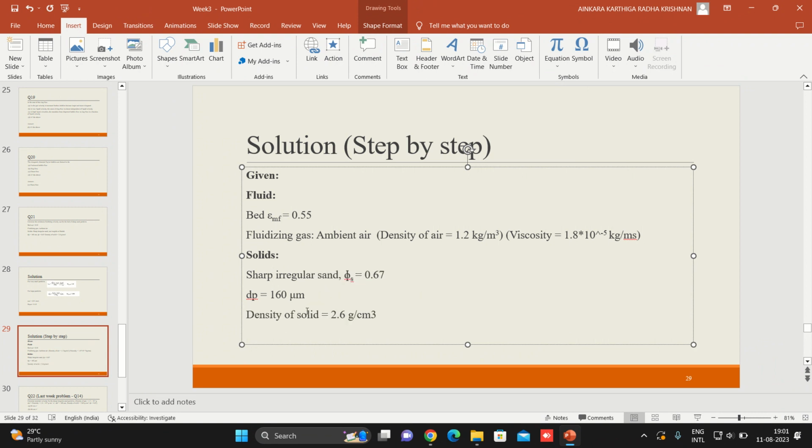And density of solid is given as 2.6 gram per centimeter cube, or we can say it as 2600 kg per meter cube. The particle diameter is 160 into 10 power minus 6 meter. Sorry, I'm making some silly errors. So these are the given values.